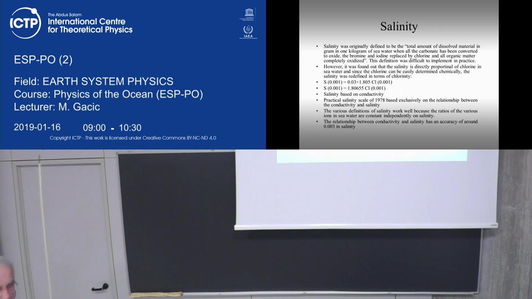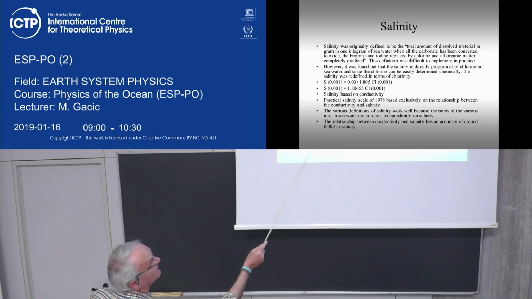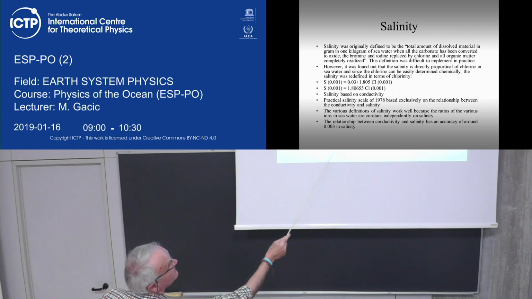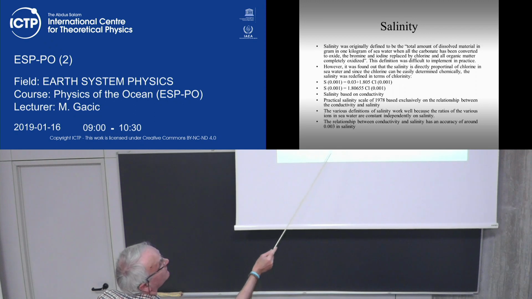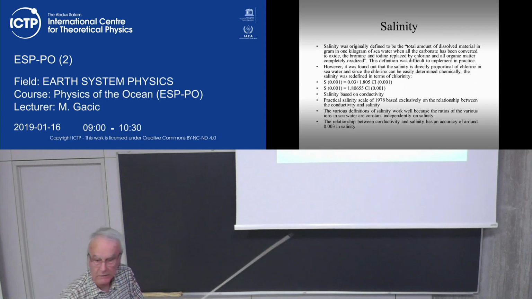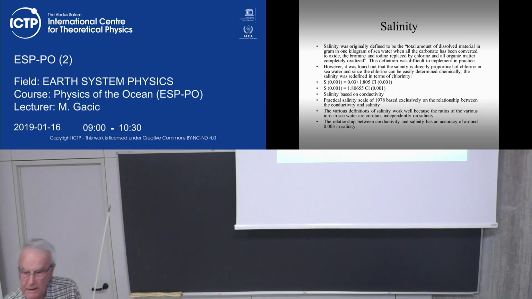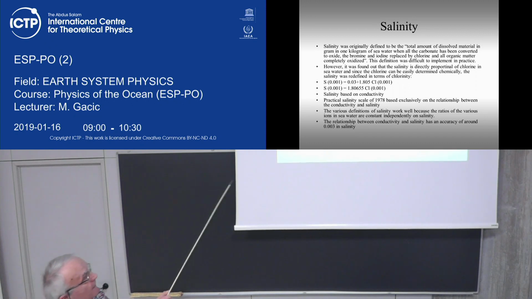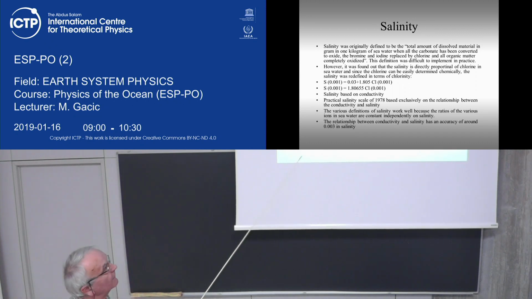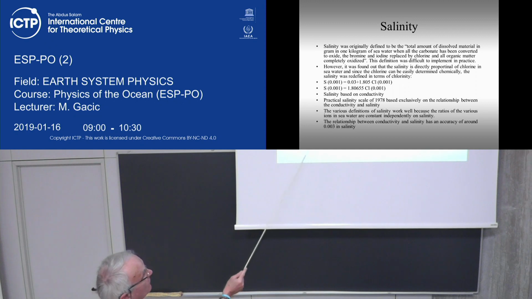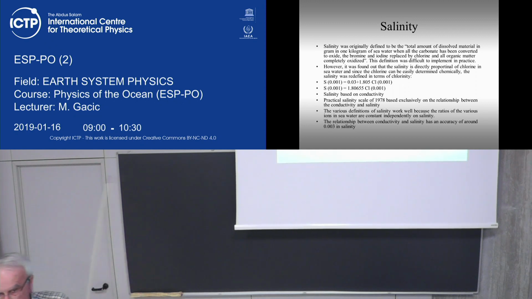And this you are then able to relate to the, these 3 ions you express in terms of the chlorinity, and then you are able to determine it by chemical methods or by the conductivity, because the conductivity is directly proportional to the number of ions in the seawater.